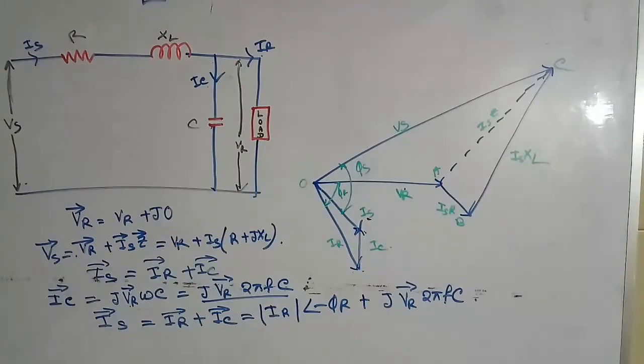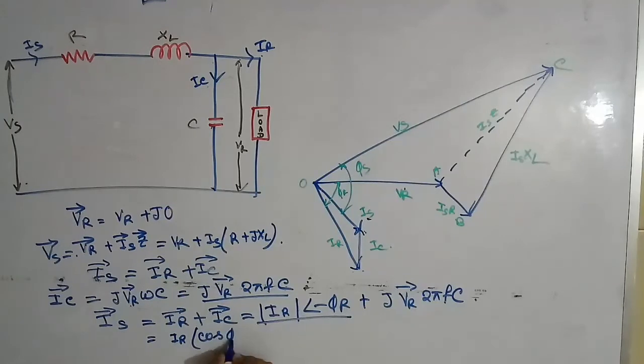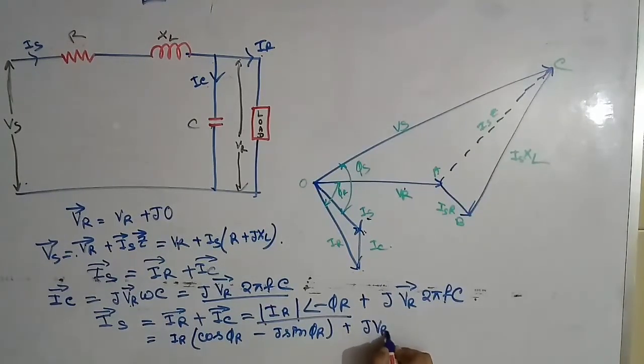Now we can write the value of IR as IR at angle minus phi R, where minus is for the lagging power factor. This can be written as IR cos phi R minus j IR sin phi R plus j VR 2 pi fC.